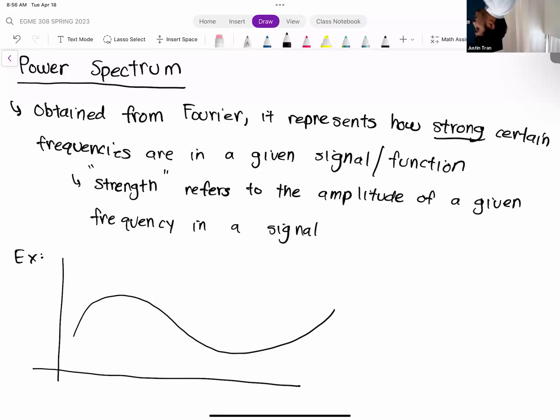But on top of this, maybe we have some high frequency noise. Maybe your measurement device is not very stable, or not very nice. And so on top of this, you may have some kind of high frequency signal.